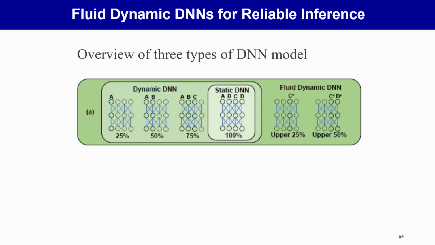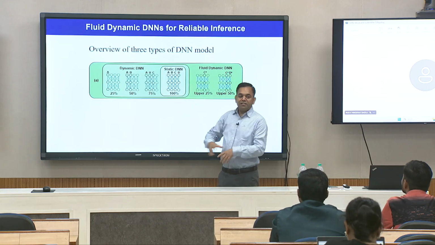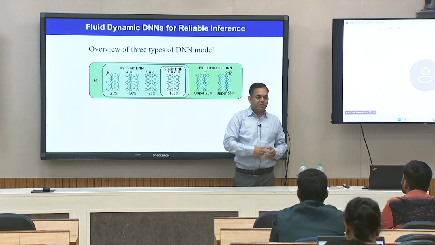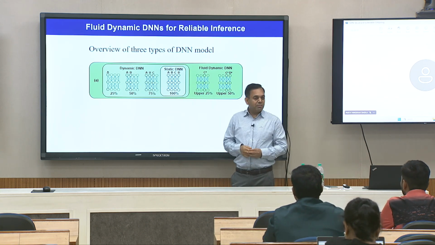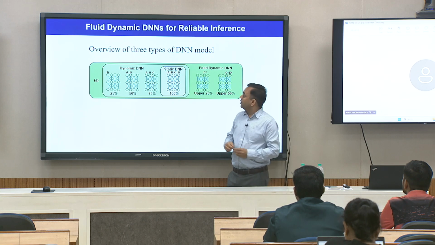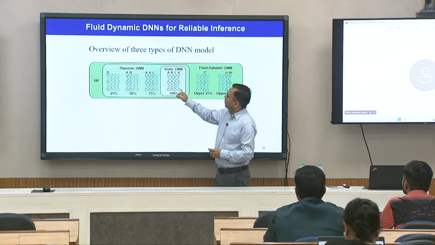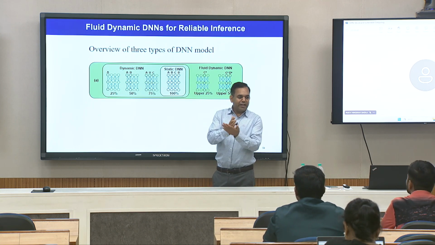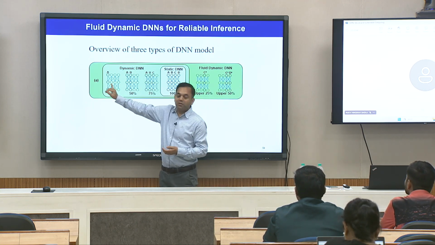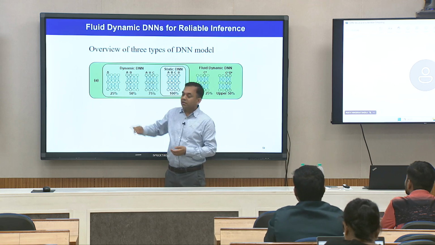Something that already exists is a static DNN, right? You take the 100% model and train it, and it's ready to be used. But people also proposed something called a dynamic DNN. So this whole model, what they do, they take 25% of the model and train it. You can see this one is ignored, the dotted ones.